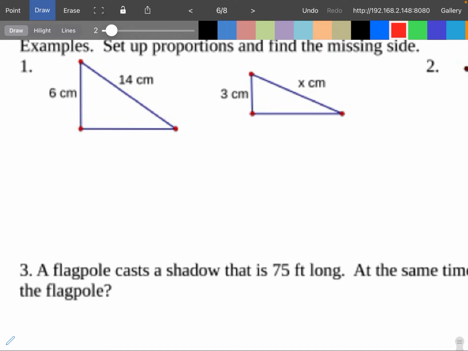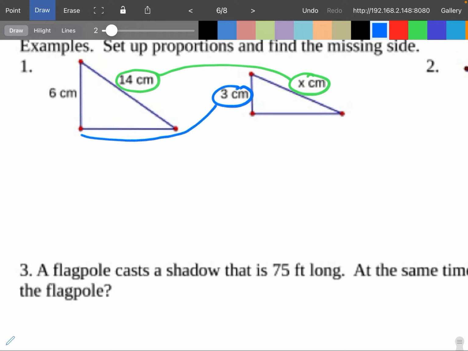All right, now, they didn't draw these very well. This first one, these triangles are supposed to be the same shape, but different size. I don't think they got it quite right, but we'll go with it. So all you got to do on these is match up the corresponding sides. So what does the x correspond with in the big triangle? That corresponds with the 14, right?